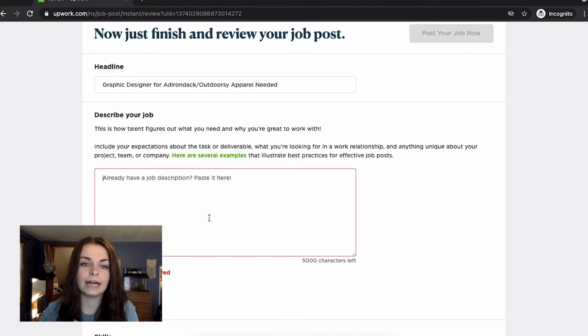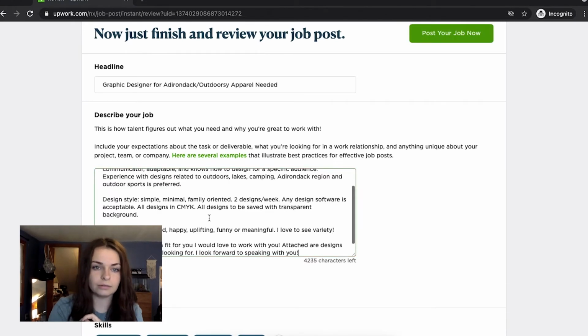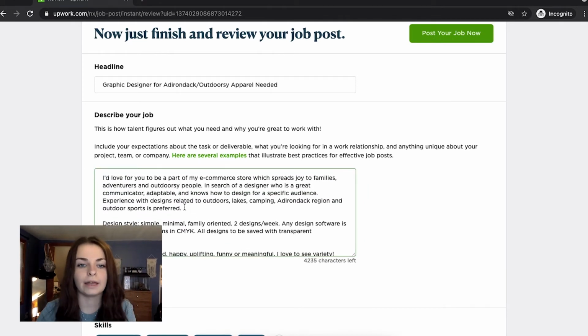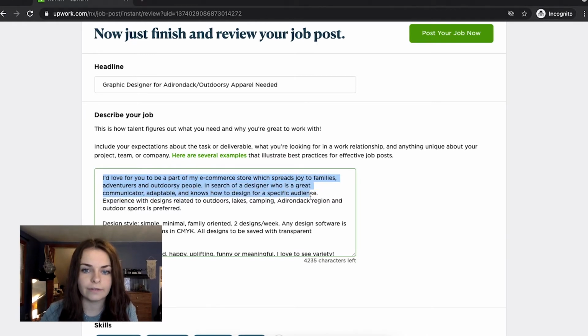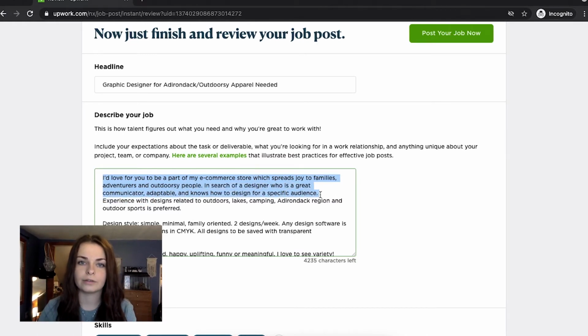Okay, so now you're going to want to choose your description, and you're going to want to be as specific as possible because you want to find the right candidate for your shop, and your candidate wants to find the right person that they can do good work for. So I would recommend in the first sentence do a welcoming sentence and also give a little bit of information about your store.